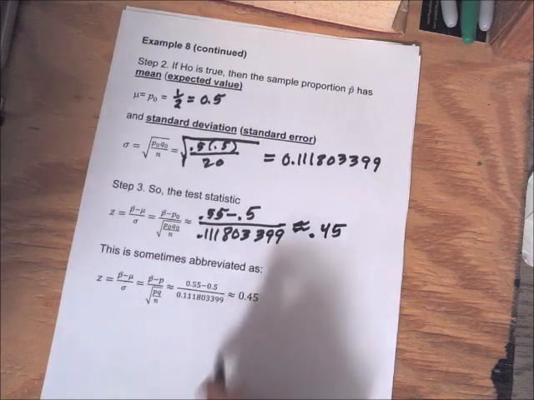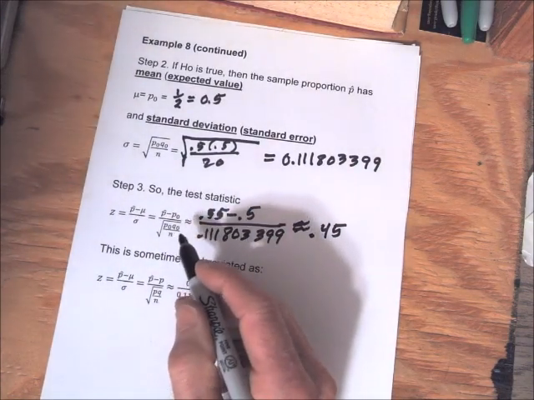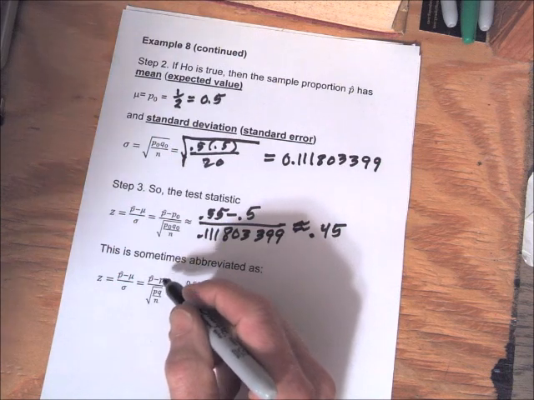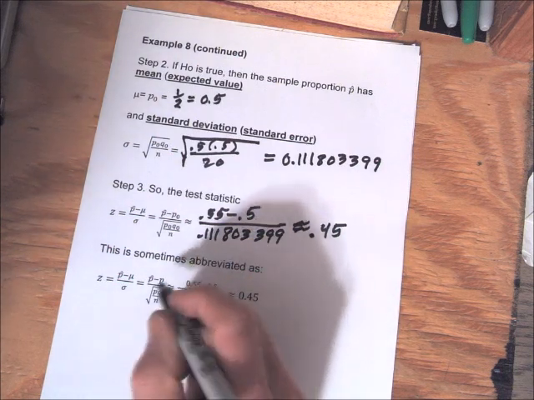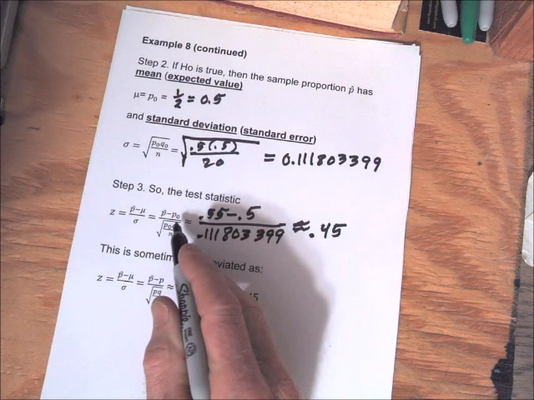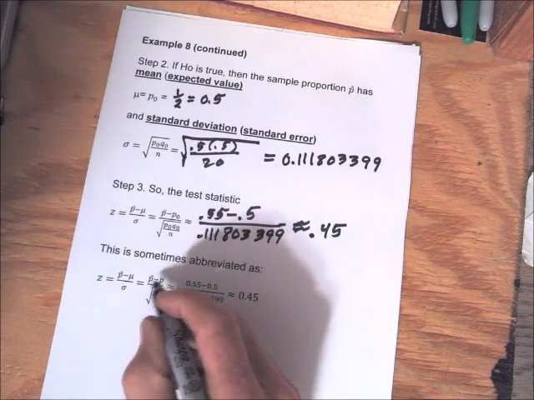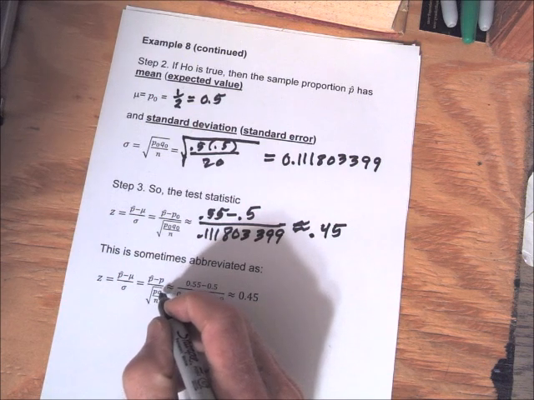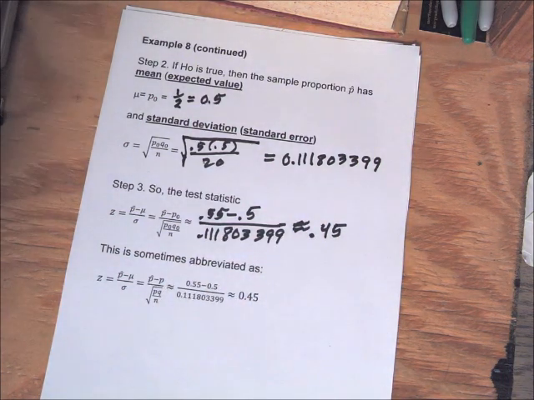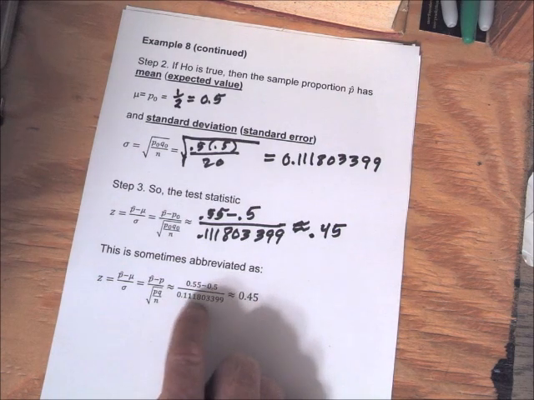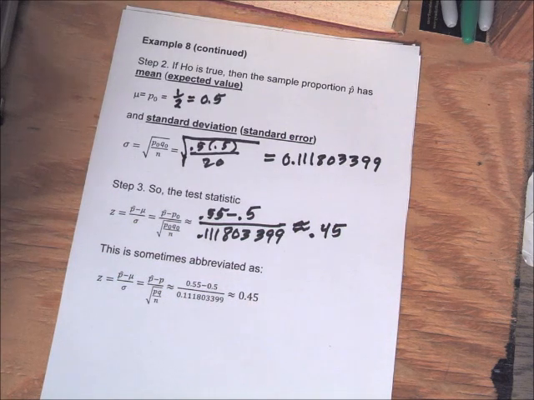This can also be abbreviated. It's kind of a shortcut abbreviation. Instead of putting in our subscripts P0, Q0, we can just write p hat minus P over the square root of P times Q over n. P, in this context, is going to be equal to P0, so it's the same formula that we had before, just a shorter way of writing it. You'll see that in some textbooks.